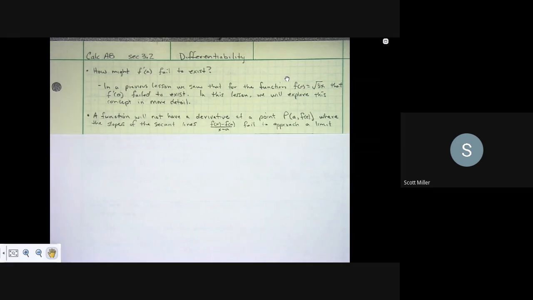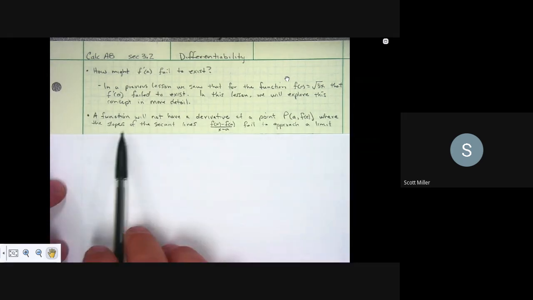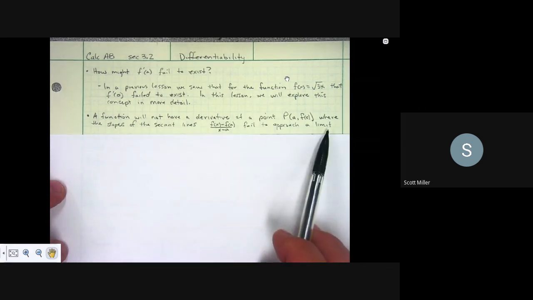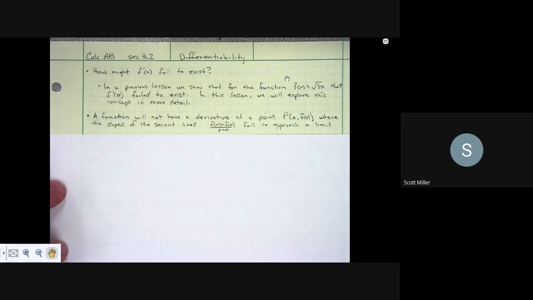So a function will not have a derivative at a point where the slopes of the secant lines fail to approach a limit. So if the limit fails to exist as x approaches a, the function f of x is not differentiable at a.